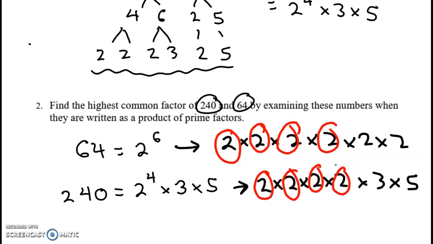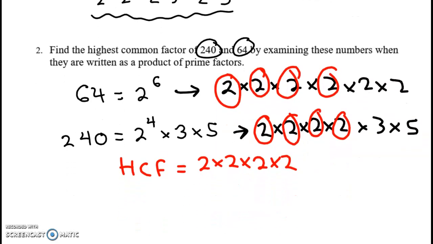So they both contain 4 factors of 2. And so the highest common factor is going to be equal to 2 times 2 times 2 times 2, or 2 to the 4, which of course is 16. So 16 is the highest common factor between 64 and 240. And we can find that using the product of prime factors for each of the numbers.